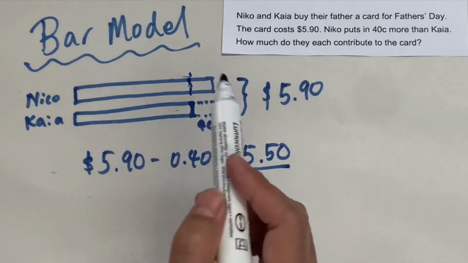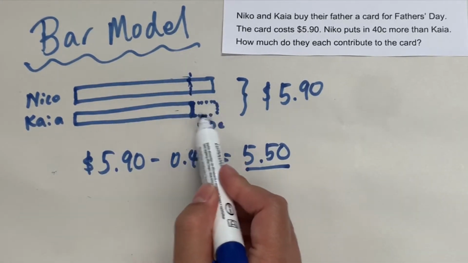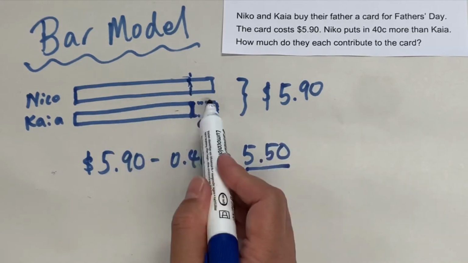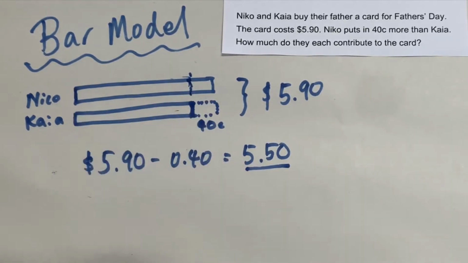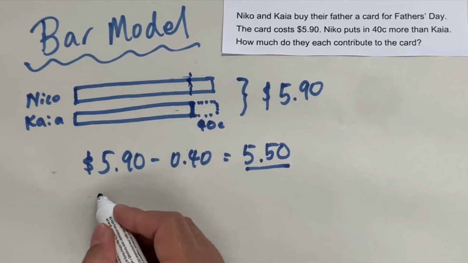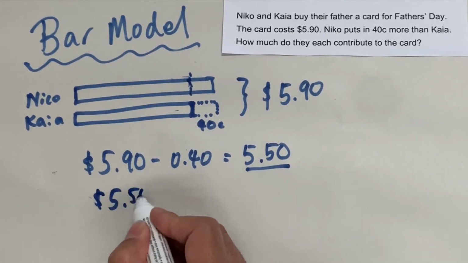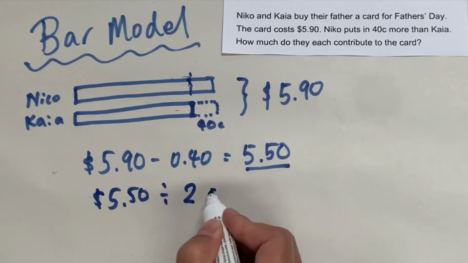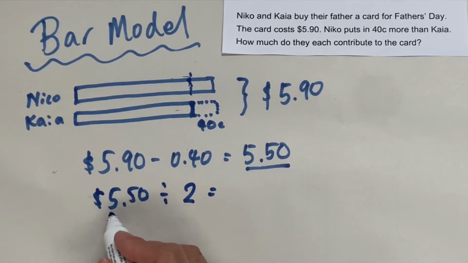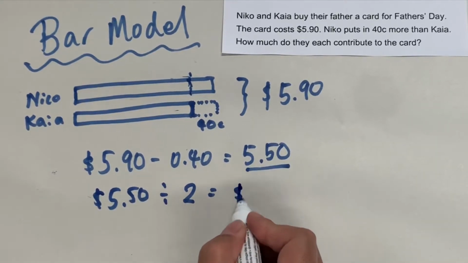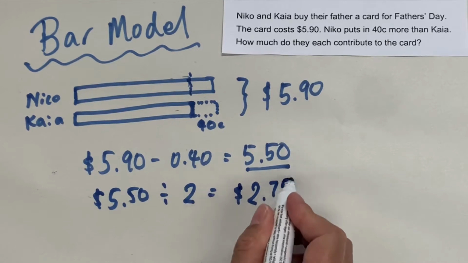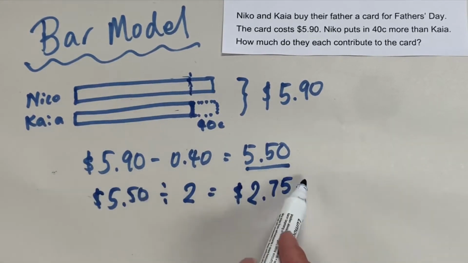Or if I add 40 cents to this amount and halve it, I should be able to get how much Nico spent. So let's try the first one, $5.50. I'm going to halve it, which is half of $5, $2.50, and 25 cents. So that's $2.75, which is what Kaya spent.